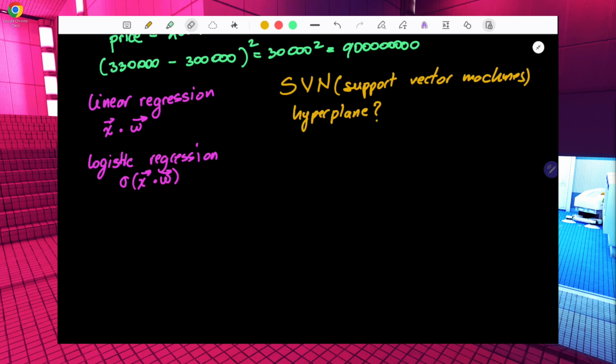So in three-dimensional spaces, you would have something like a sheet of paper, and that would be a hyperplane. Now, going further on, talking about more dimensions, I don't even want to imagine this, but yeah.